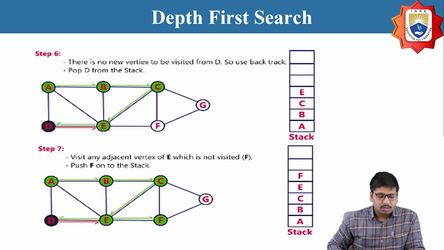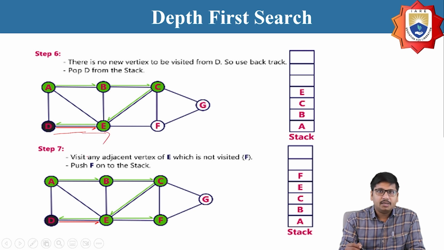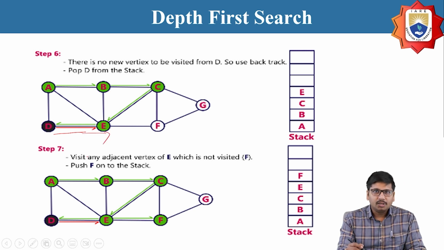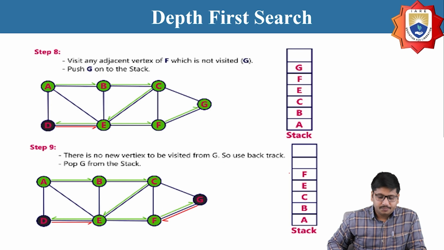Since this has reached the end, I'm going to apply backtracking. So again, I have to come back here, and then apply whatever the next vertex I have to visit, that should be F. So F is going to be pushed onto the stack.